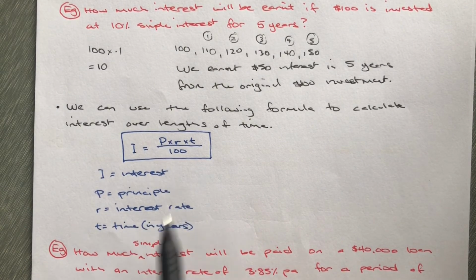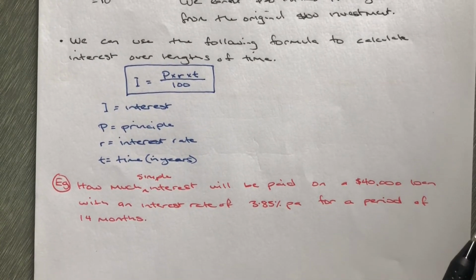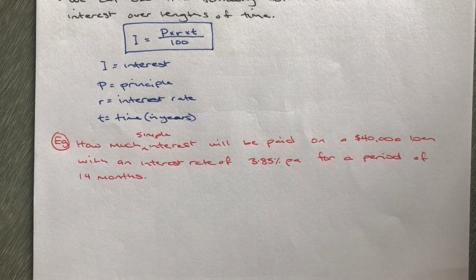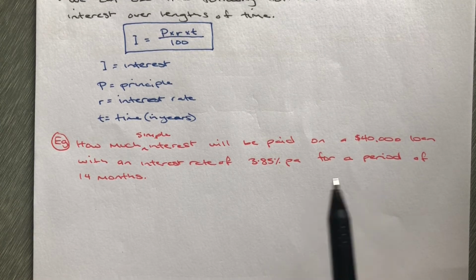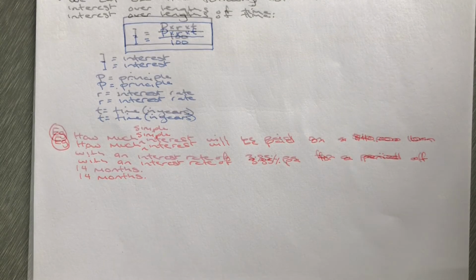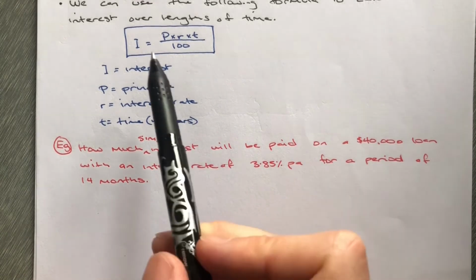All right, so let's use this formula to answer the next question. How much simple interest will be paid on a $40,000 loan with an interest rate of 3.85% per annum for a period of 14 months? All we need to do for this example is plug all these values into our formula.